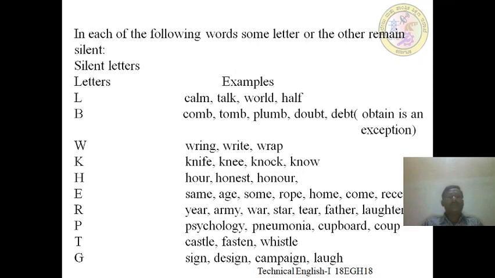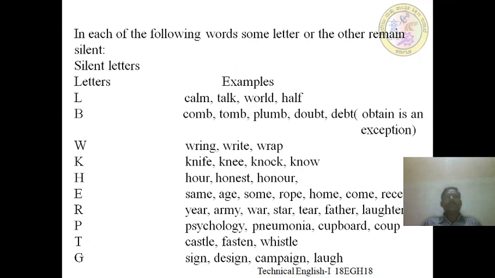Then H becomes silent: honest, honor. Then E becomes silent when it comes at the end. Same, it is not samey. It is same. It should be pronounced as same. Age, some, rope, own, come, receive.